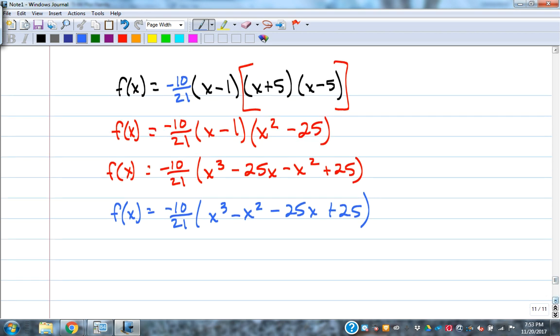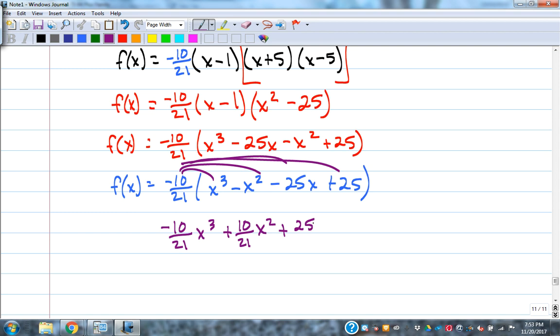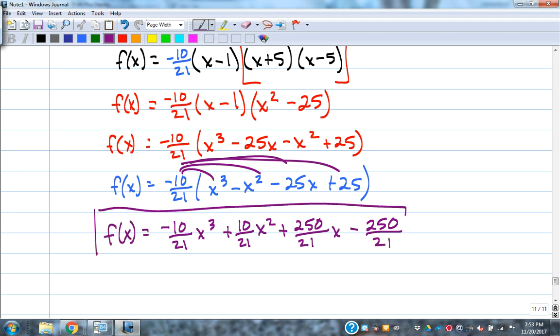And then all I have to do now, since I've got that a, is distribute it across the whole thing. -10 over 21 x cubed plus 10 over 21 x squared plus 250 over 21 x minus 250 over 21. So our final polynomial doesn't look real pretty, but the only extra added step there at the end was distributing a number to everything.